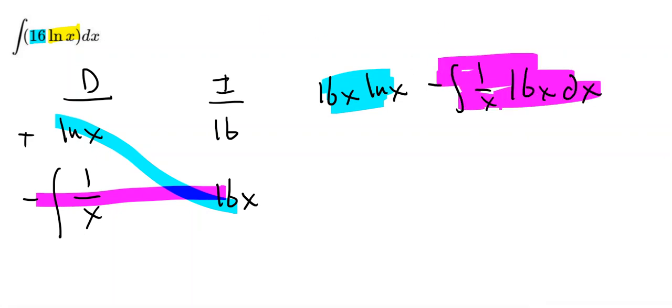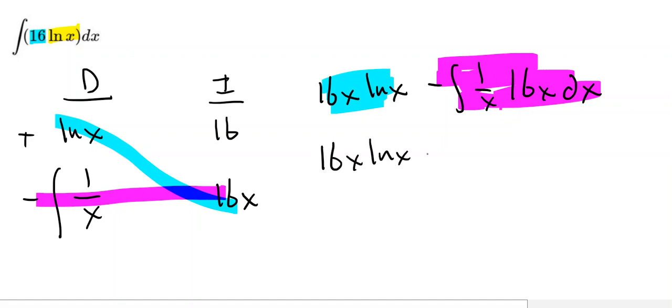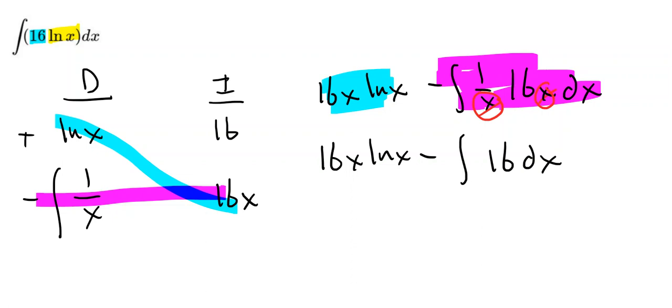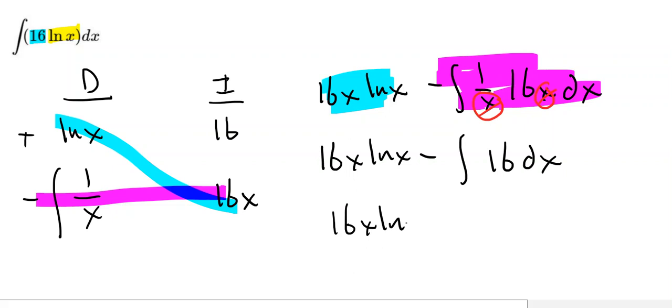And we still have to simplify this a little bit and then do that one antiderivative. So we have the integral of, these x's cancel out. So what we're left with is just 16 dx, because you can see this x and this x will cancel. And now actually doing the antiderivative, 16x log of x minus 16x plus c.